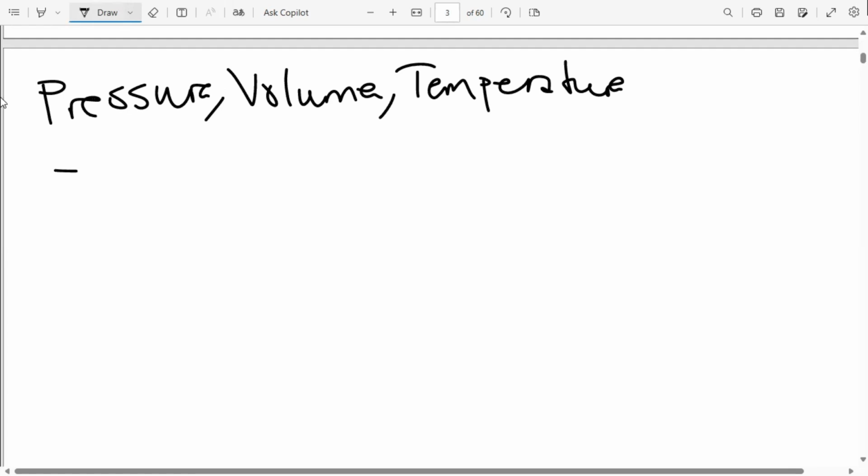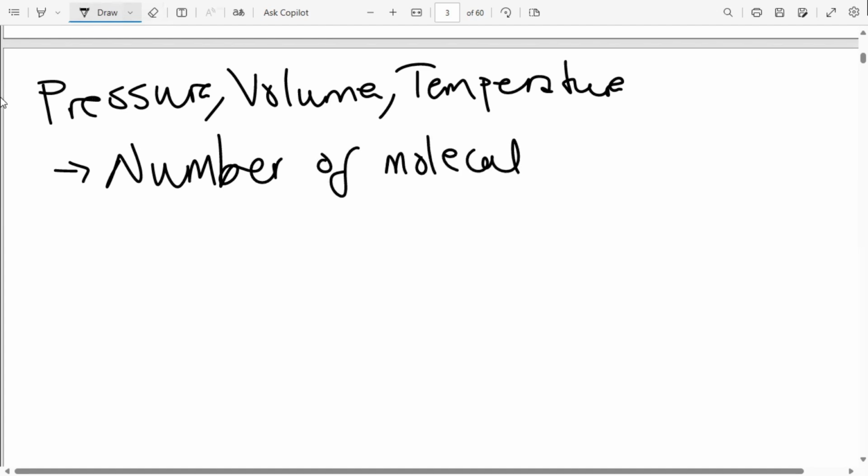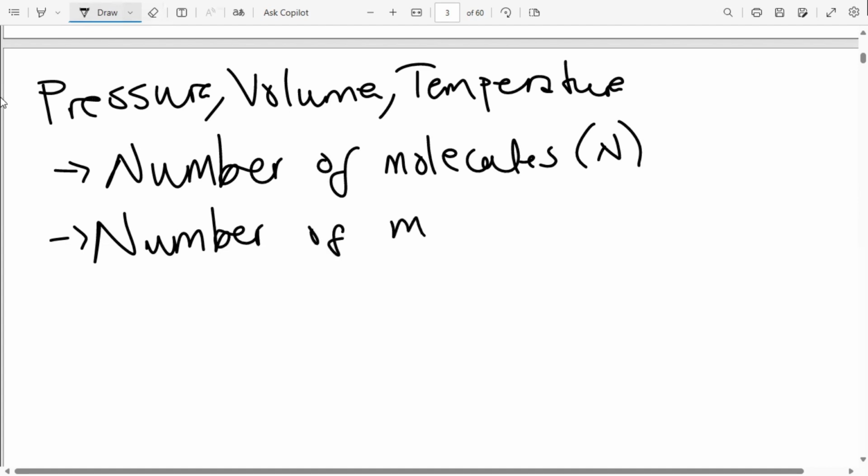So you can express it in terms of the number of molecules, which I can represent with a capital N, but also the number of moles, which is represented by a small letter n like this.